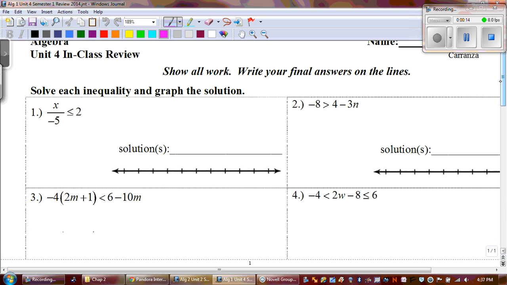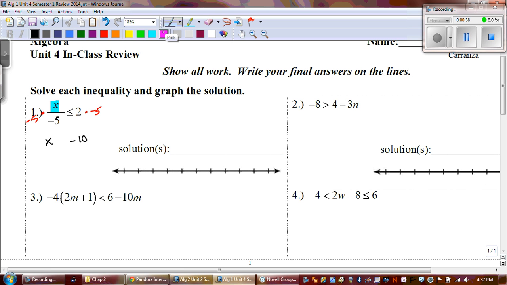Alright, first portion says to solve each inequality and graph the solution. So, what's going on with that x? Well, it's being divided, and how do we get rid of division? Well, we multiply, and so we multiply by a -5. 2 times -5 is -10.